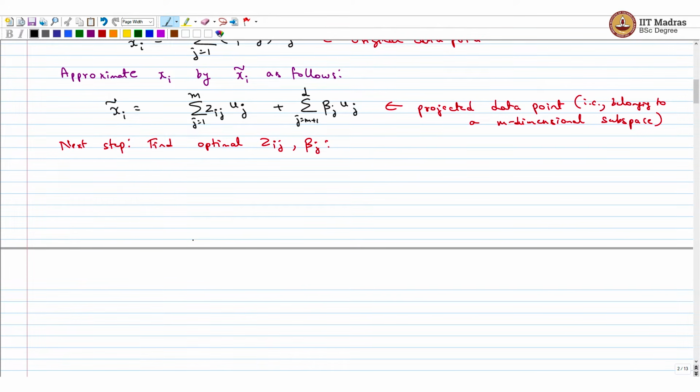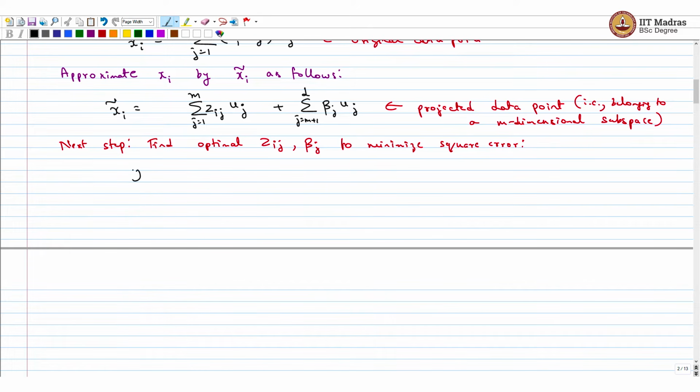For this we aim to minimize a certain square error. So let me define this.